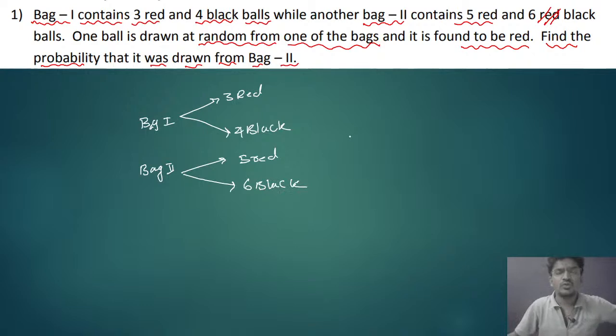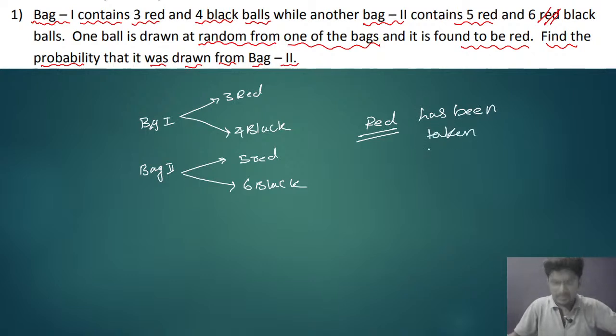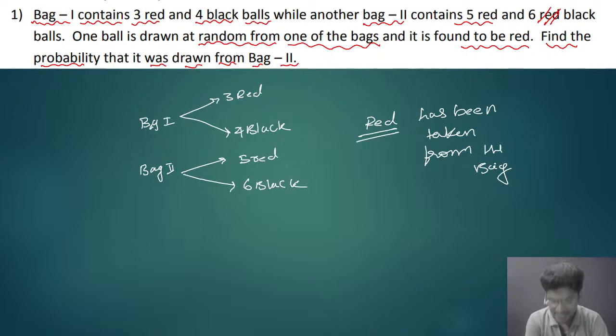Now, one ball is already drawn at random from one of the bags and is found to be red. This has been already done. That means the red ball has already been taken out of the bag.